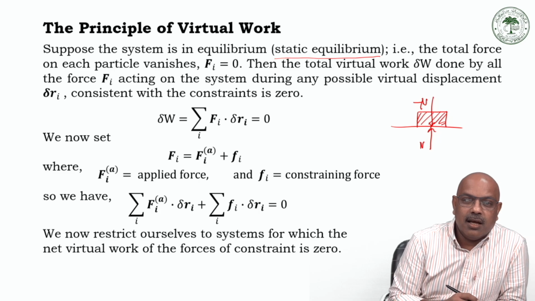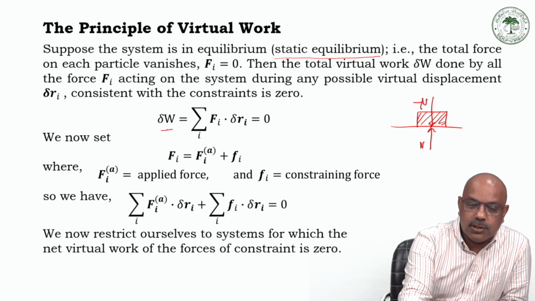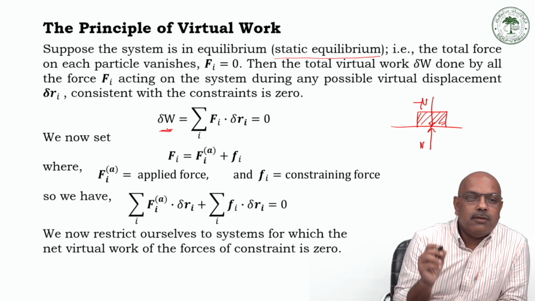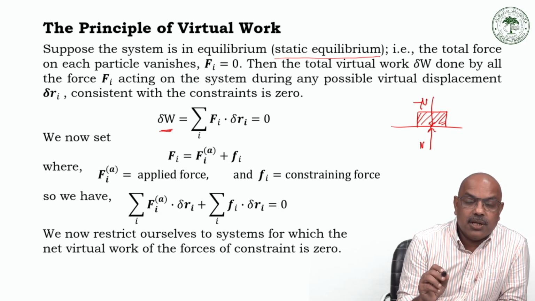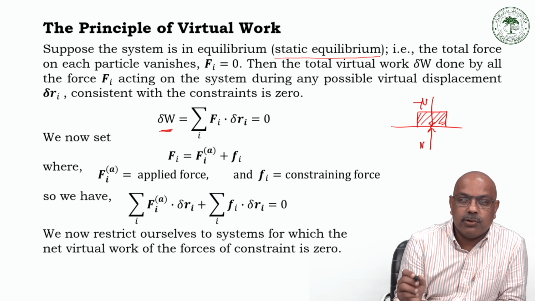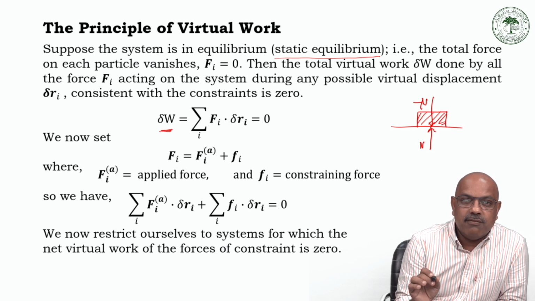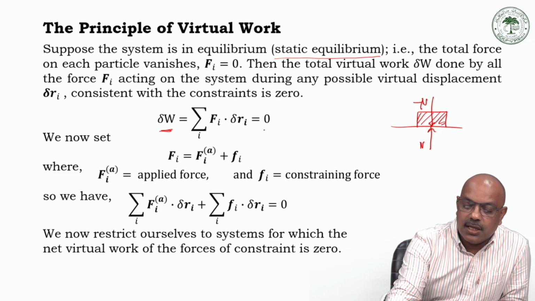Okay, then because it's in static equilibrium, the total virtual work done by all the forces, which are effectively zero, acting on the system during any possible virtual displacement consistent with the constraints is going to be zero.